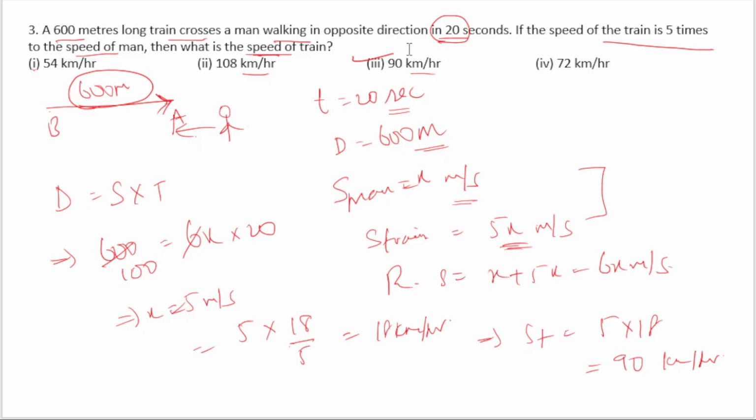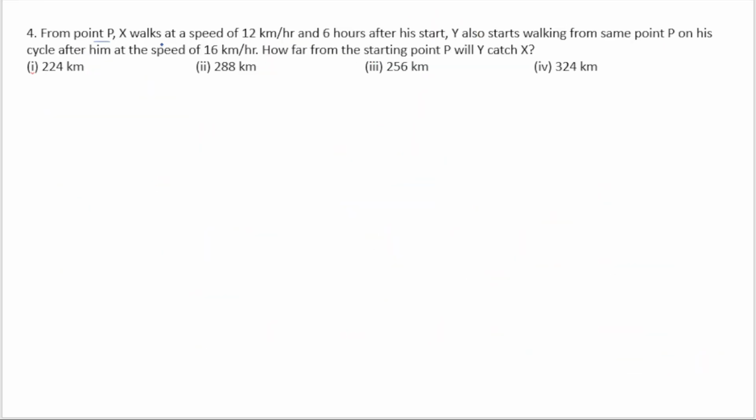Next question. From point P, X walks at a speed of 12 kilometers per hour and 6 hours after he starts, Y also starts walking from the same point P. See, this is point P here. X starts walking at a speed of 12 kilometers per hour. This is X's speed.